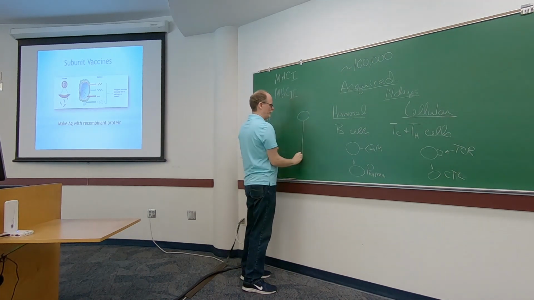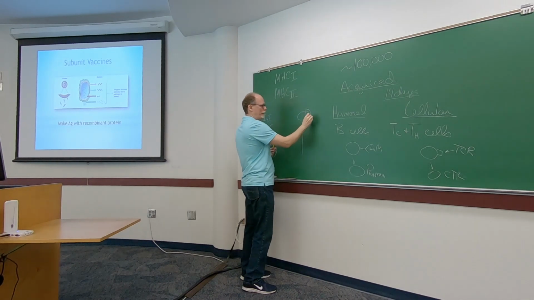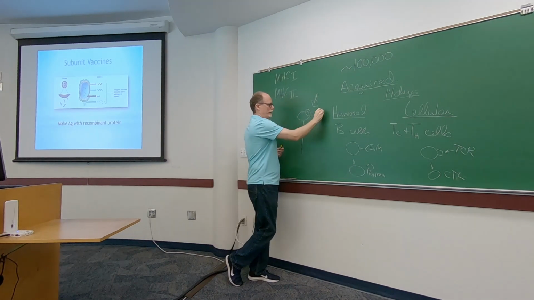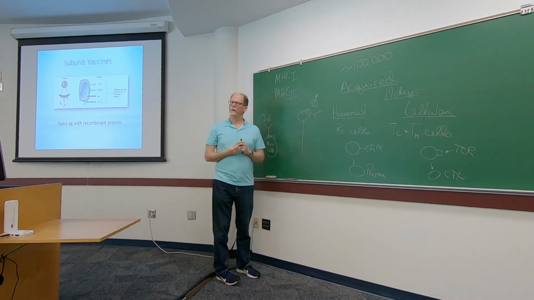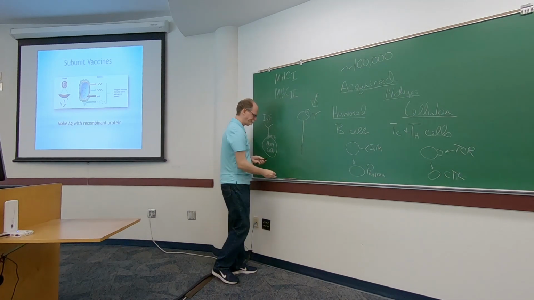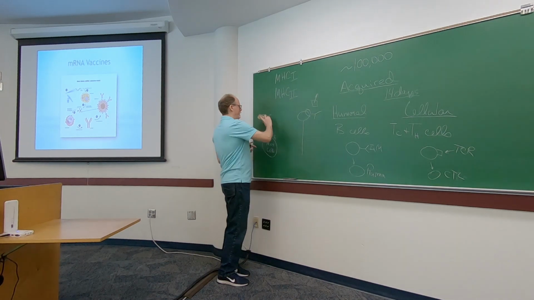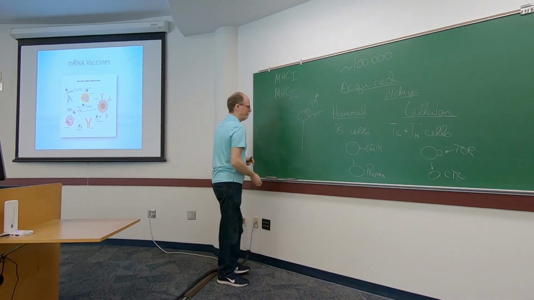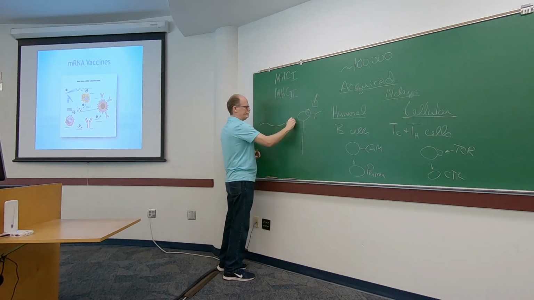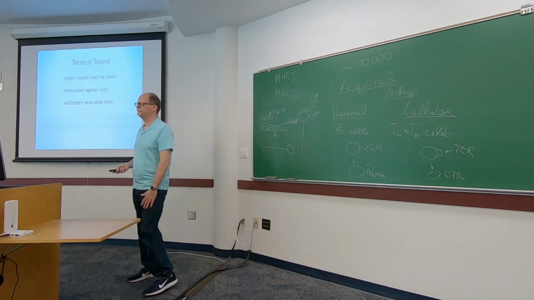So if this is the spike protein, you might only need that part of the spike, and you inject that into somebody, and then they make antibodies to that portion of it. And instead of injecting that, with the messenger RNA that they've used, the mRNA vaccines, you inject the messenger RNA, and then you end up making the whole spike protein.